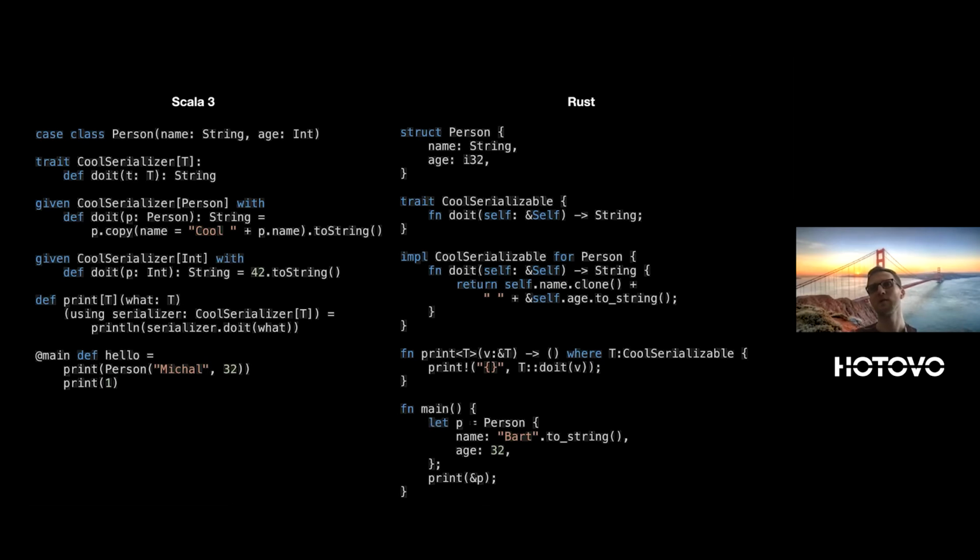So now I create an object of the person, and I can pass it to the function print, because I know that the person implements this interface, or this trait, or this type class instance. So I'm kind of mixing terms here, but hopefully you get the point.